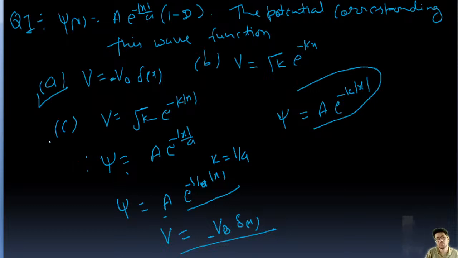This one, V equal to V naught minus V naught delta x. This is a very simple question and very important. This is the standard wave function for the Dirac delta potential, and that's why the potential is the Dirac delta potential, with the value V equal to minus V naught delta x.